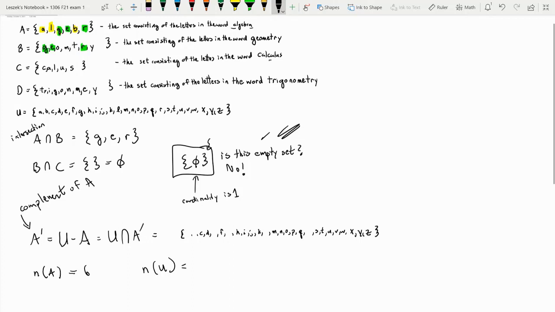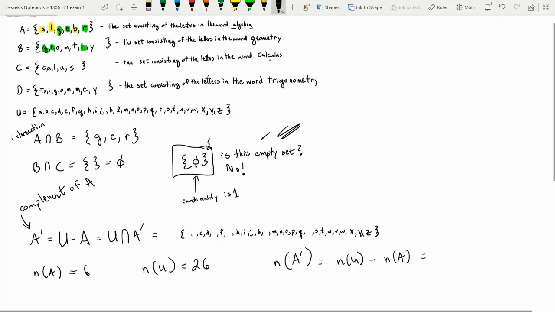There are so many different classes and different notations. So what's the cardinality of the set A complement? Well, it's the number of elements of the universal set minus the number of elements in set A.